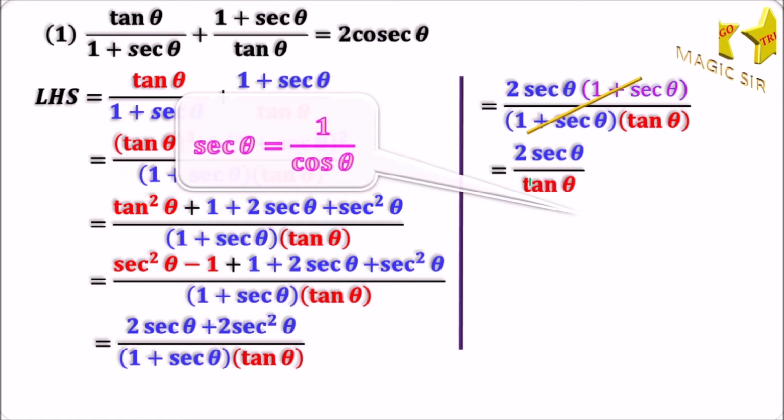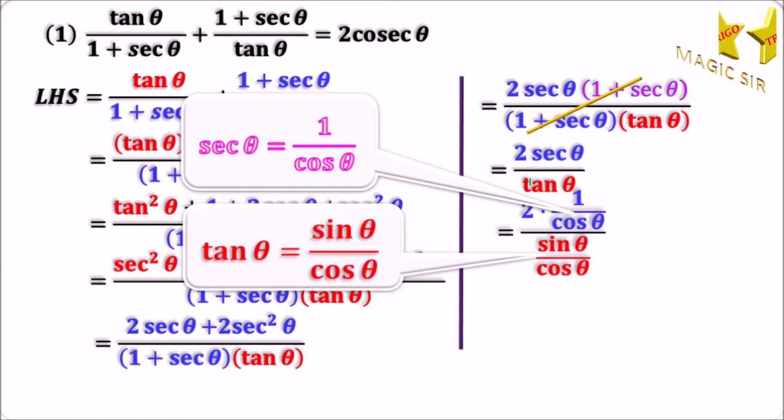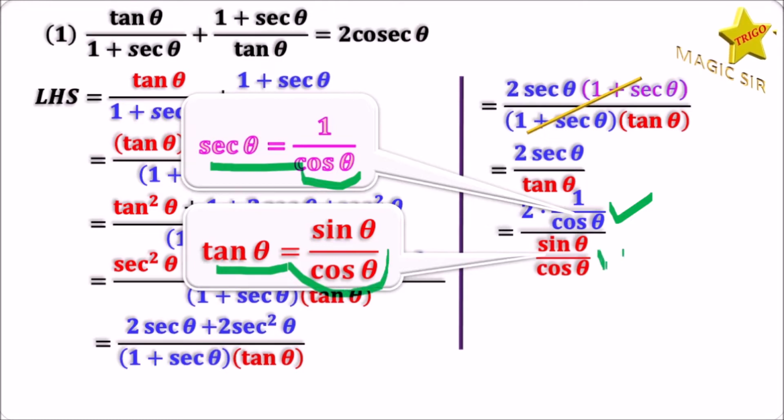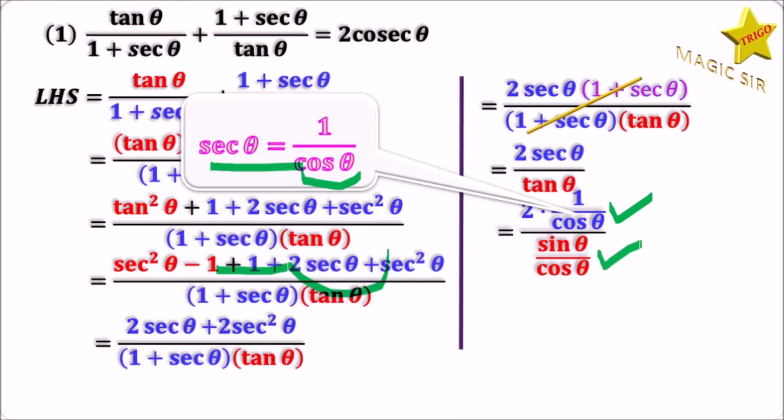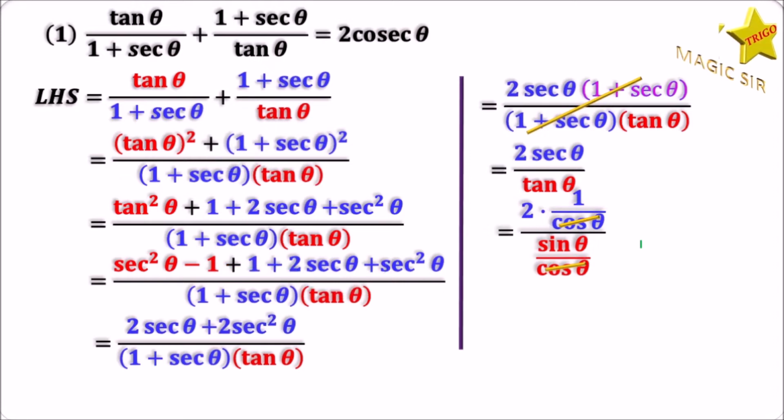But we know that sec theta is equal to 1 upon cos theta and tan theta is equal to sin theta upon cos theta. Here cos theta cancels out. Therefore, LHS is equal to 2 into 1 upon sin theta.